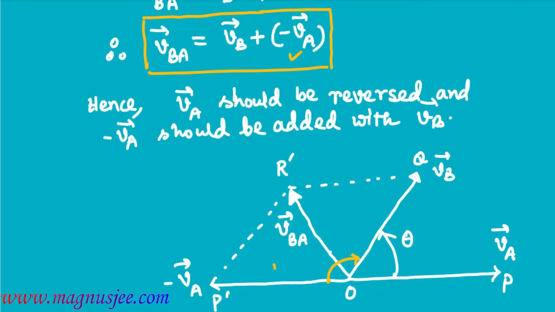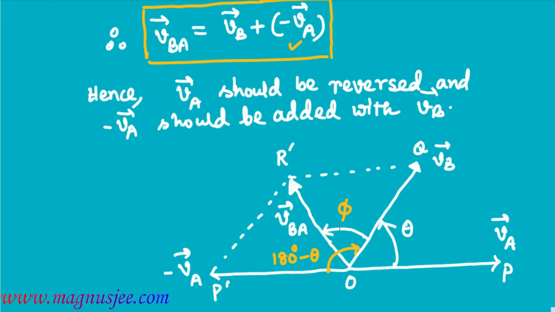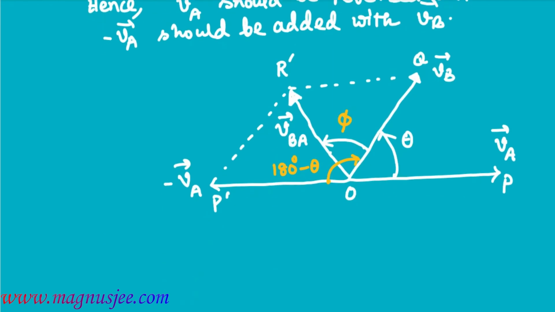The angle between vector VB and minus vector VA is 180 degree minus theta. And the body B will appear to move along OR prime with respect to the body A at an angle phi prime with the direction of vector VB.